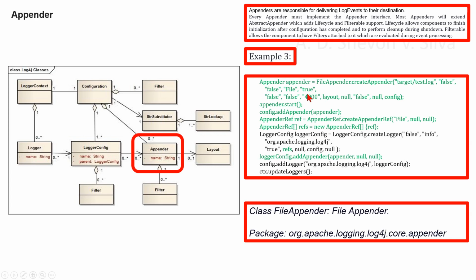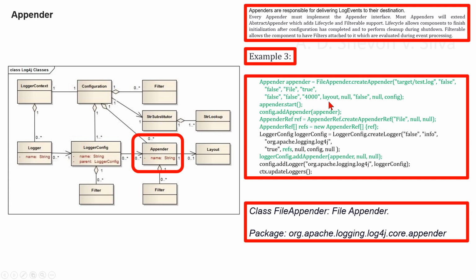This is ignoreExceptions. If true, the default, exceptions encountered when appending events are logged, otherwise they are propagated to the caller. BufferedIO, true if the I/O should be buffered, false otherwise. Buffer size, the buffer size for the buffered I/O.